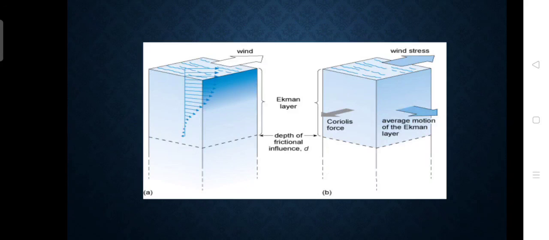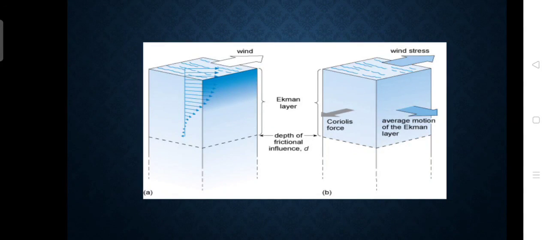So, kung mapapansin nyo yung mga arrow na yan, bawat arrow na yan, nagre-represent ng strength and direction ng current. So, kung mapapansin nyo, para siyang naka 90 degrees sa wind direction. Yun yung theory niya. Naka 90 degrees siya. Ganun din yun.